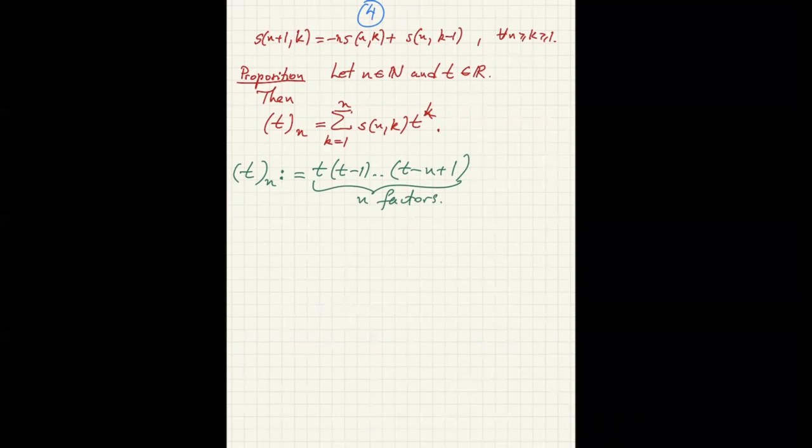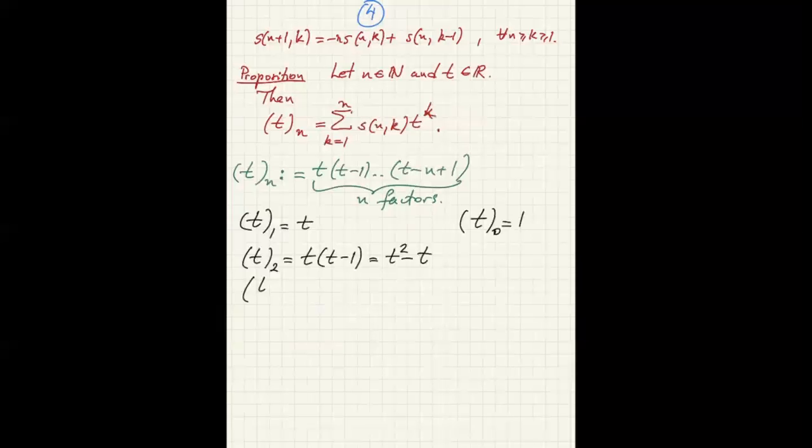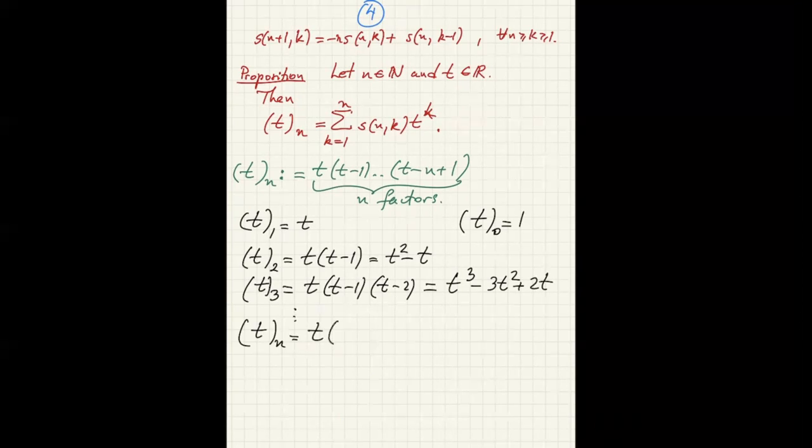Okay, so for example, t falling factorial 1 is t, and by convention we can say that t falling factorial 0 is 1, and then t falling factorial 2 is t times t minus 1, and this equals t squared minus t, and similarly t falling factorial 3 is t times t minus 1 times t minus 2, and is t cubed minus 3t squared plus 2t, and so on. t to the falling factorial n will be t times t minus 1 down to t minus n plus 1.